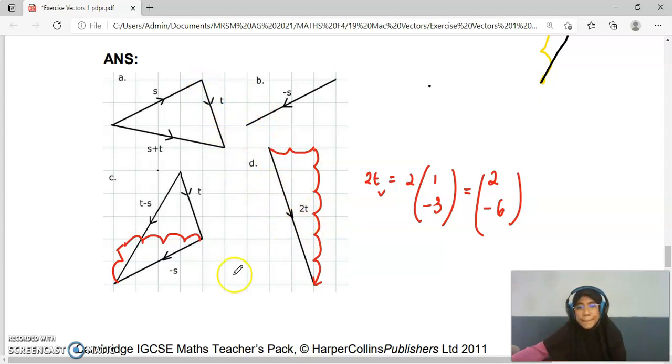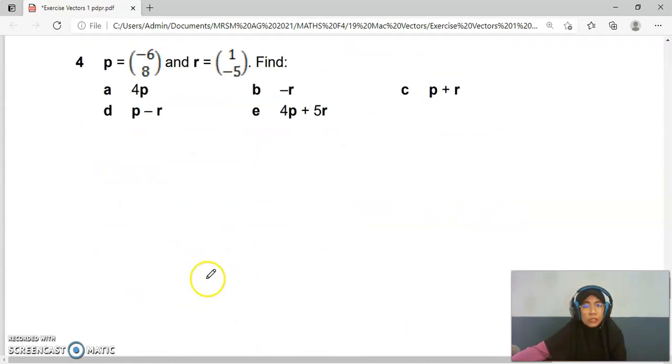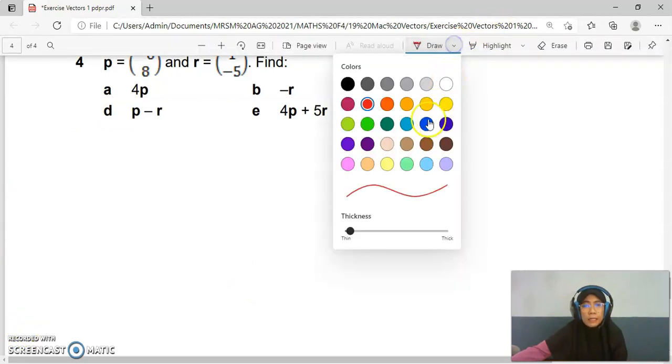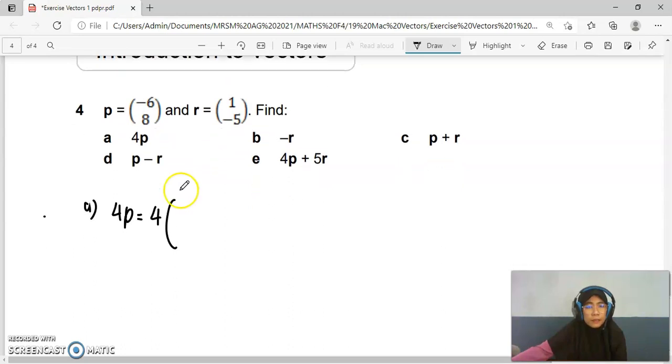Okay, that's question 3. So we go to question 4. In this one you just do the multiplication, addition and subtraction. So I go to question a, 4p. For this part you just multiply the scalar 4 by p. So 4 times p. Take the vector p as negative 6, 8.